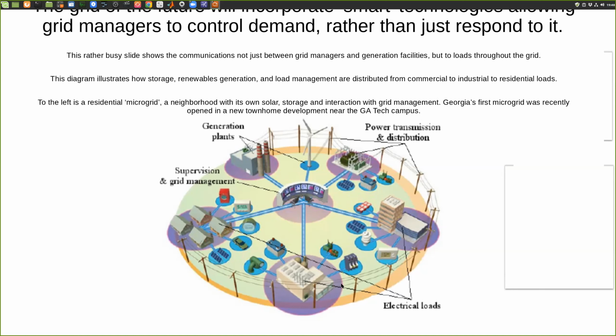They can have battery storage, etc. And then here's a neighborhood with its own solar panels and EVs plugged into the grid, and thermostats for control. And the point of this whole slide, the smart grid concept, is that these folks in the middle can communicate with everything and manage it all.